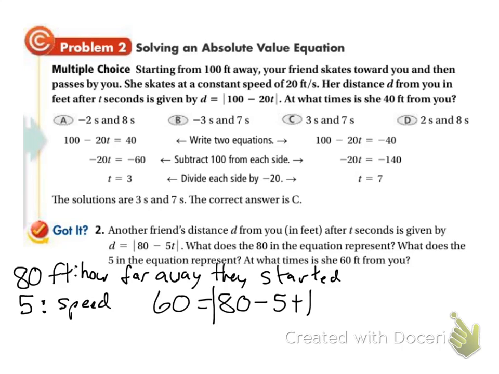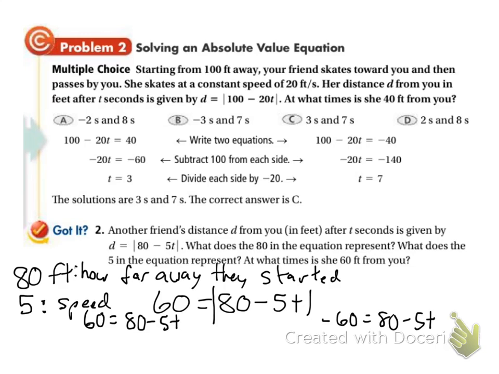Once you get the absolute value bars alone, you set it equal to 60 without the absolute value bars. So 60 is equal to 80 minus 5t. But I also need to set it equal to negative 60. So negative 60 equals 80 minus 5t.